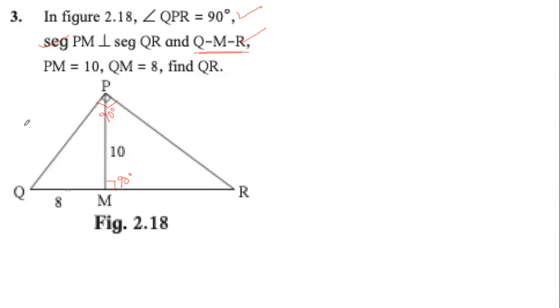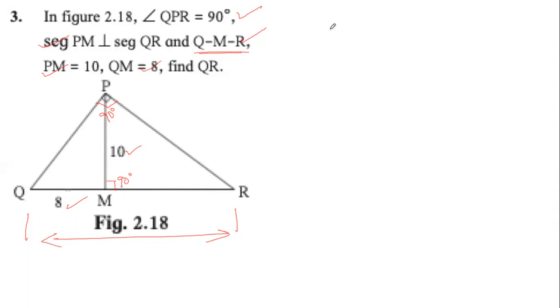The fourth part is PM equals 10. Very clearly, it has shown. Fifth part, it says QM equals 8. Done. Now the question is, we have to find the length of QR, the whole length. We have already seen a similar question in the example yesterday.